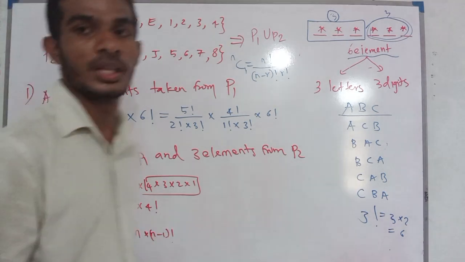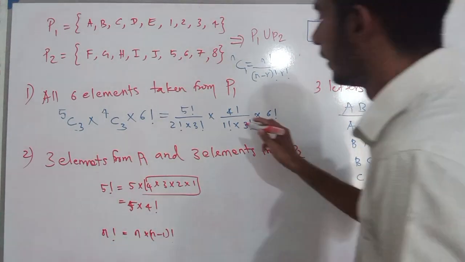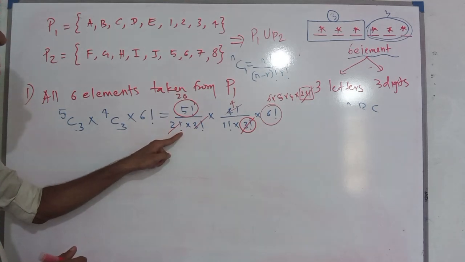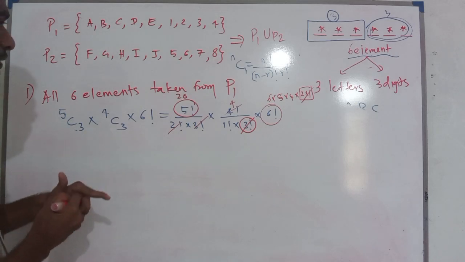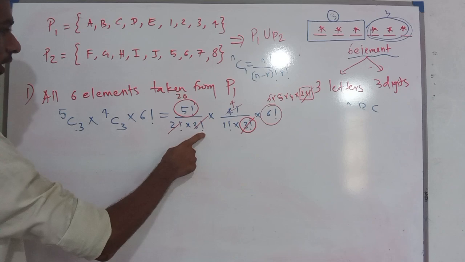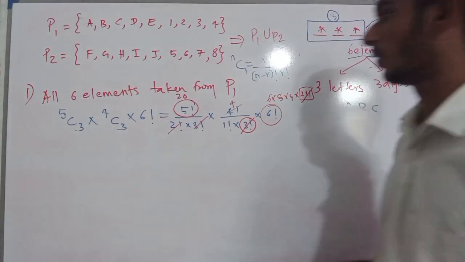So you should know the properties of these factorials, right? Now 5 factorial into 2 factorial into 3 factorial, 4 factorial into 1 factorial into 3 factorial, 6 factorial.